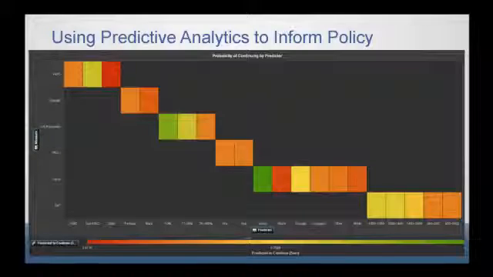Okay, so I know that several presentations throughout this two-day event have talked about predictive analytics. And this is something that we are doing that's new really to our office. But we're starting to think about what are the characteristics of students that may or may not indicate success.